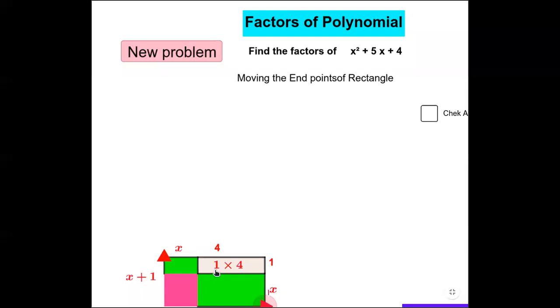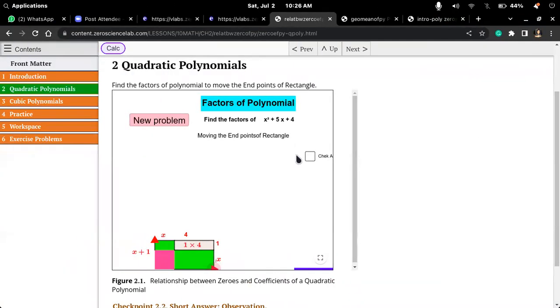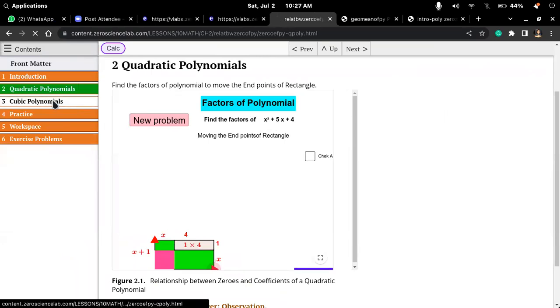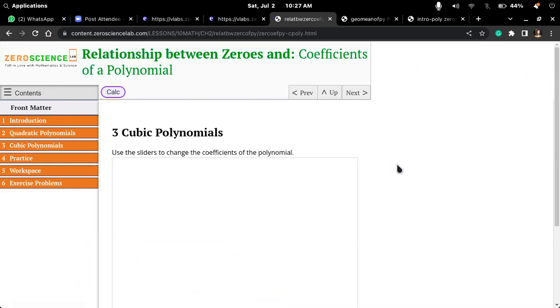So by this geometrical pattern observation, we can get the factors of those polynomials. That's a quadratic polynomial. Similarly, we can go for the cubic polynomials.